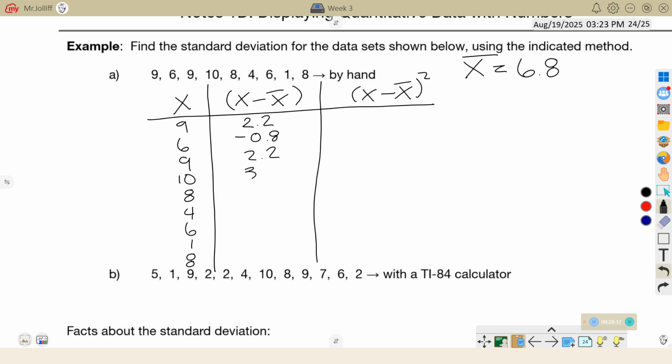I get a 3.2, a 1.2. 4 minus 6.8 is negative 1.8, negative 0.8, negative 5.8, and 1.2. This is the 3rd time I've done this today, so I'm pretty sure I did that right, but please check.